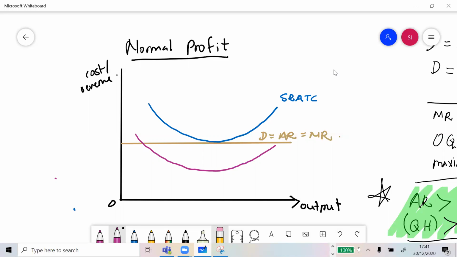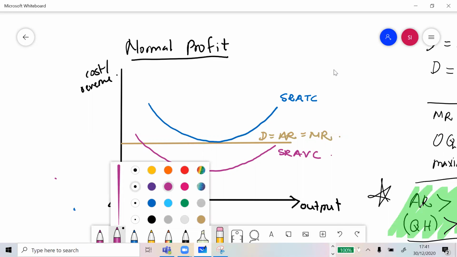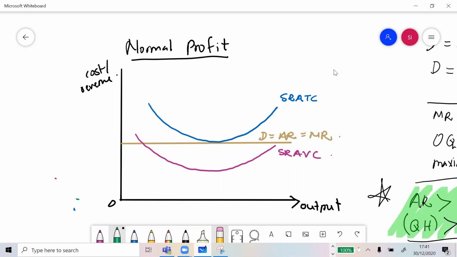So this is my short run average variable cost. Now next I'm going to draw my marginal cost curve, but I should ensure that I mark the minimum points of these two curves in order to derive the marginal cost curve. So this is my marginal cost curve.